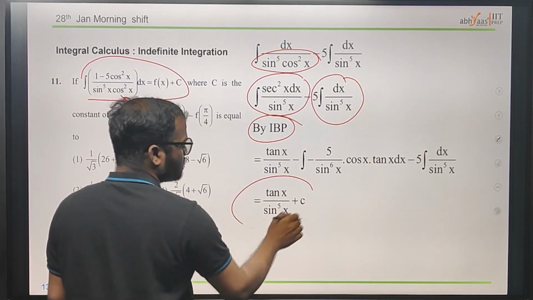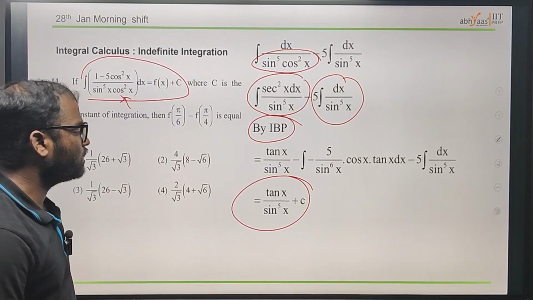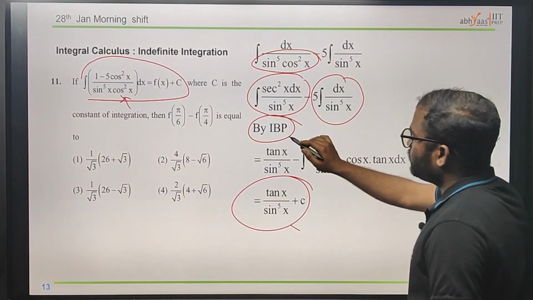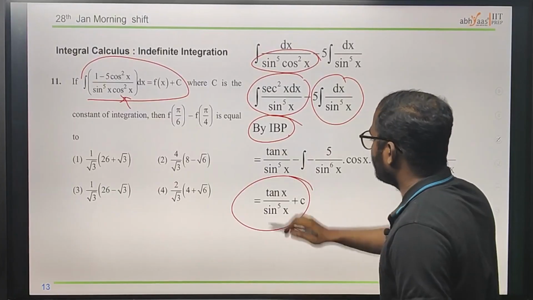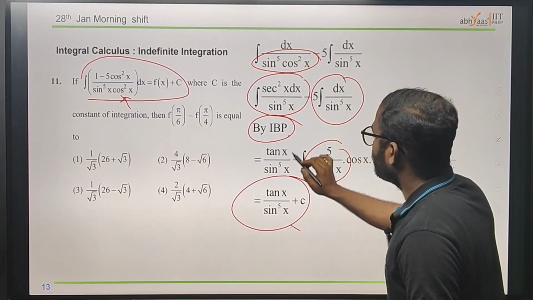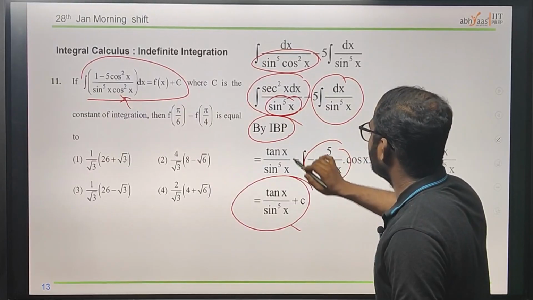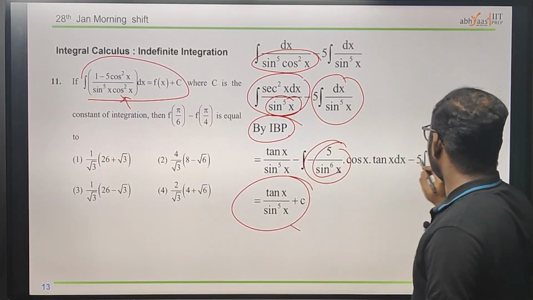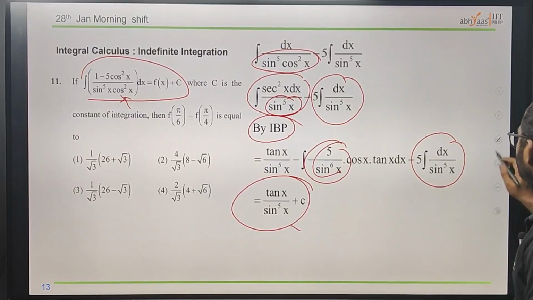Which gives us tan x by sine power 5 x plus sine power 5 x. This can be done by integration by parts, using sine power 5 x, and the other term will remain as it is.